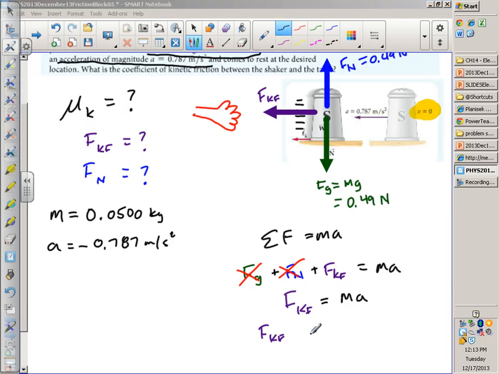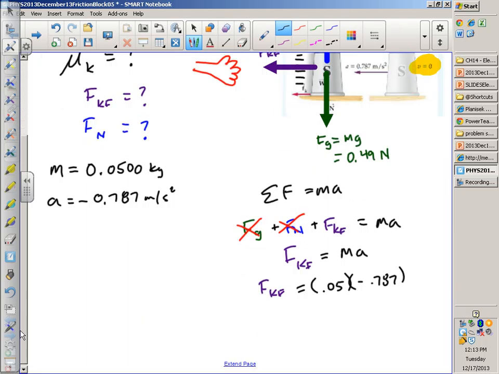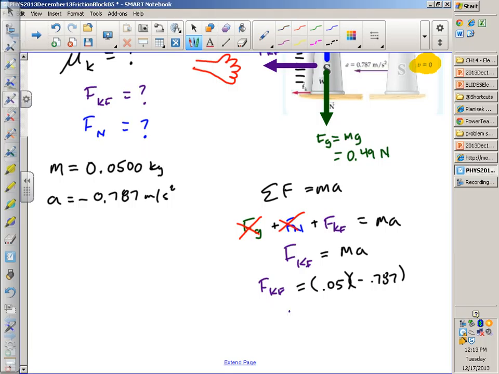So in this case, if we know the mass, which we do, and we know the acceleration, which we do, we can figure out what the kinetic friction force is. Would you round? What is it exactly? I can't remember. 0.03935. Okay, we'll keep it like that.